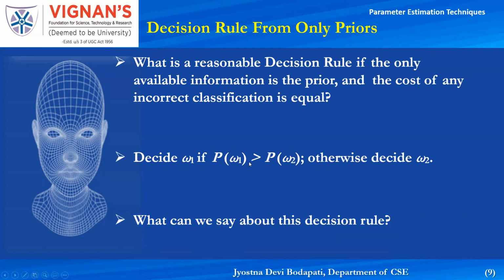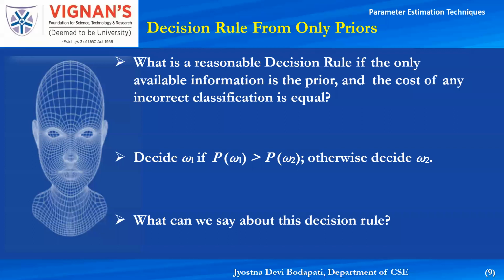Can you see any problem with the decision rule, or is it fair to do that? If you cannot understand this, maybe you can relate this example to male and female. Our classification problem is identifying whether the person is male or female, right? The prior probability of the male class is what? 0.6.